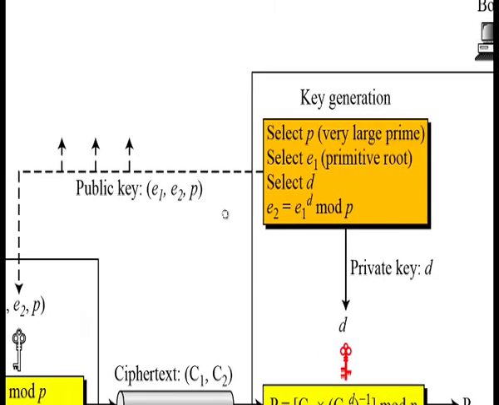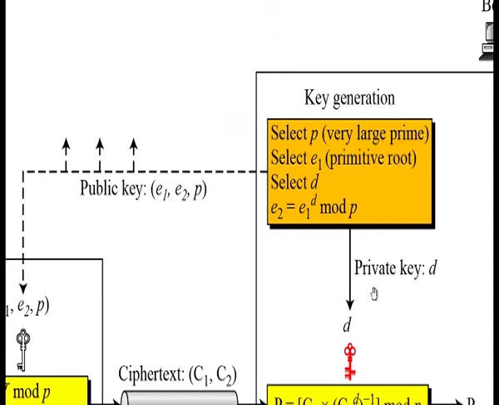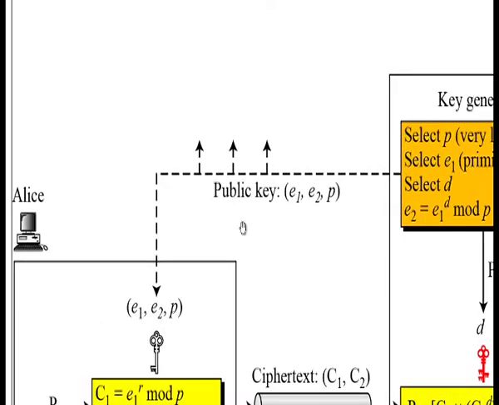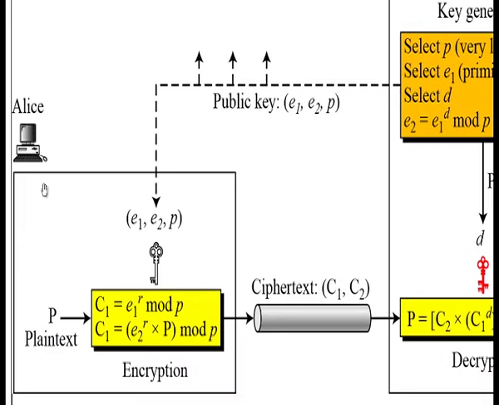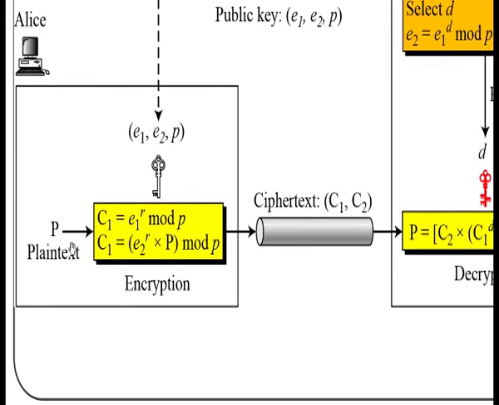So now the idea here is that both the keys are generated, private key and public key. Now Bob has to give the public key to Alice so that she can communicate with Bob. This key is used for the encryption process. Here P is the plaintext Alice wants to send to Bob, and to generate the ciphertext they have to use the public key of Bob.